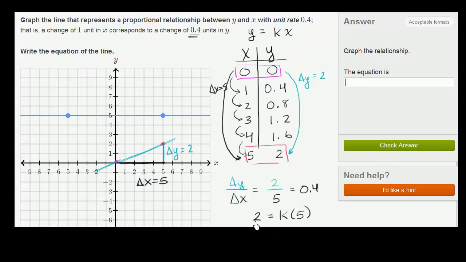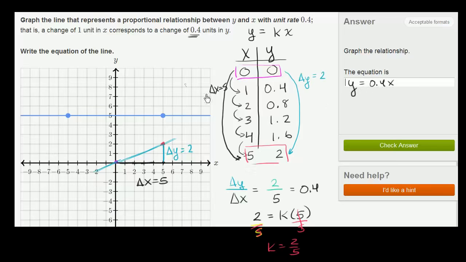If I divide both sides by 5, I'm left with k is equal to 2/5, which makes sense. We're used to seeing this. When we have y is equal to something times x, this something is going to be our slope. So the equation of the line is y is equal to 0.4x.